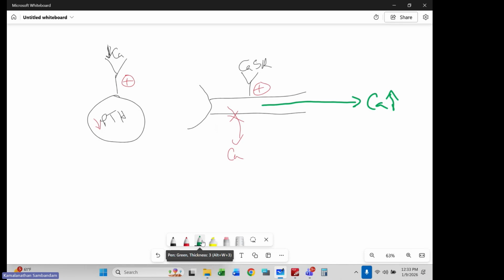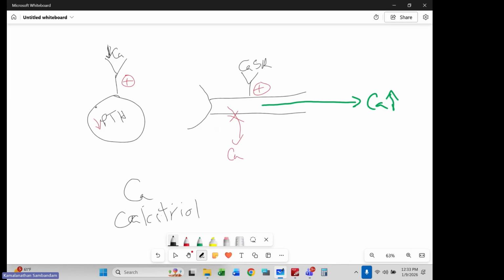Okay. This becomes clinically relevant as you treat an autosomal dominant hypocalcemic patient, right? How do we treat an autosomal dominant hypocalcemic patient? We don't have very many options. We basically have to give them calcium. We often have to give them calcitriol, right? Why do I have to give this patient calcitriol?